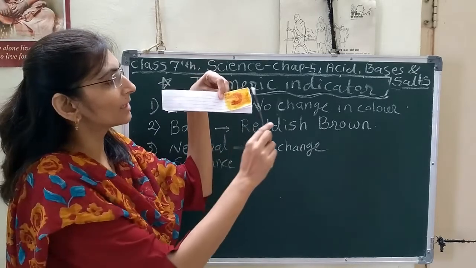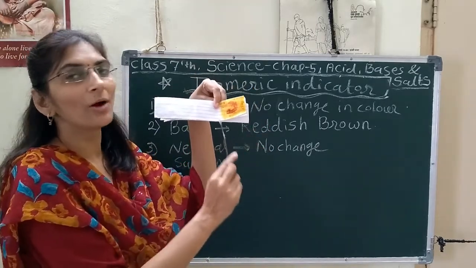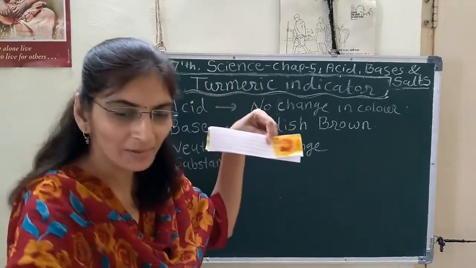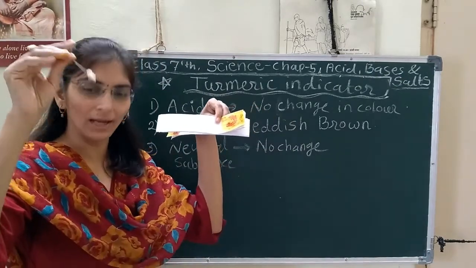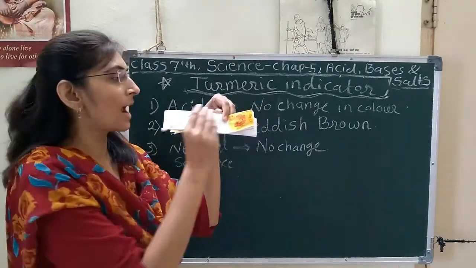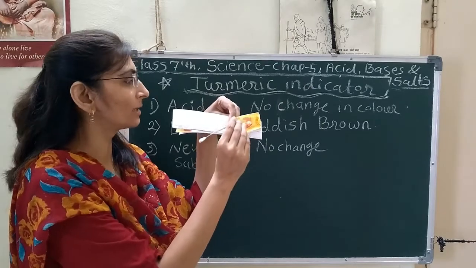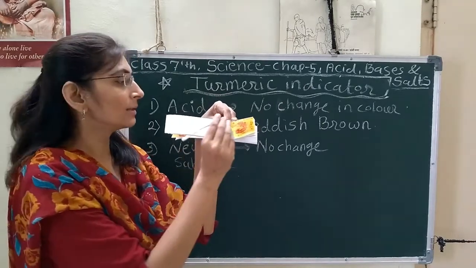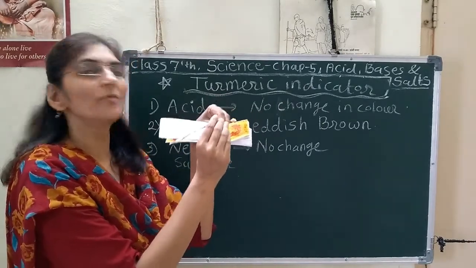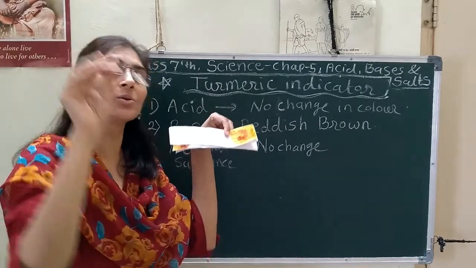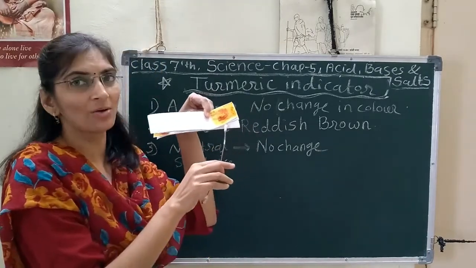As it is the turmeric paper, what happened here? As I dipped that cotton stick in the detergent solution and applied this on that turmeric paper, that portion on which I applied the detergent solution turns into reddish brown color.